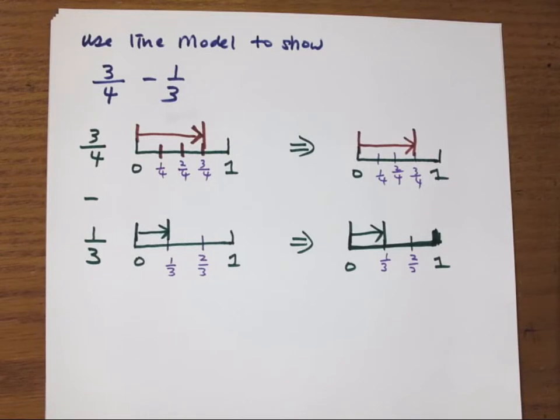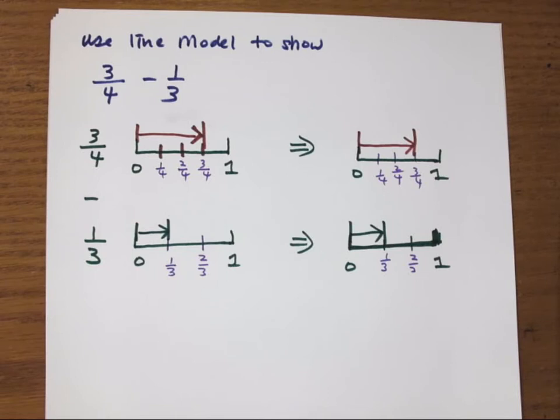And then I need the equivalent fractions, right? How do I do that? It's going to be a problem if you don't write them up. It's going to be a mess. How do I make them have the same cut now?